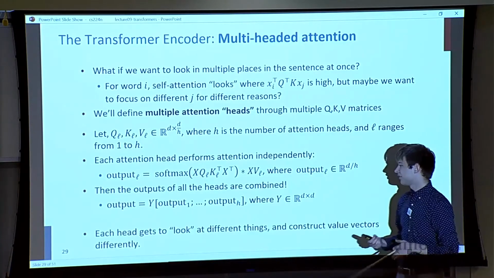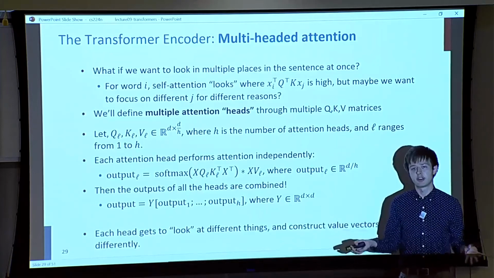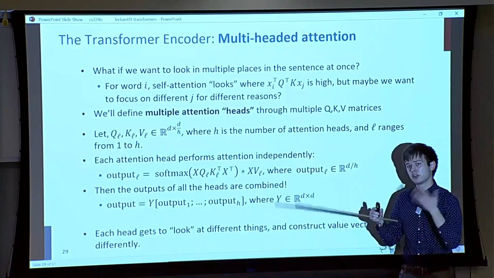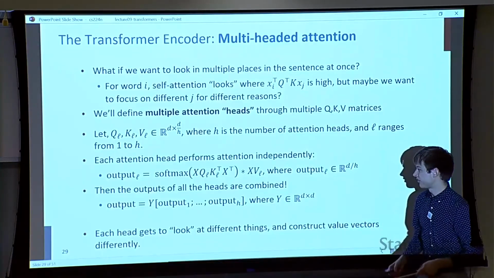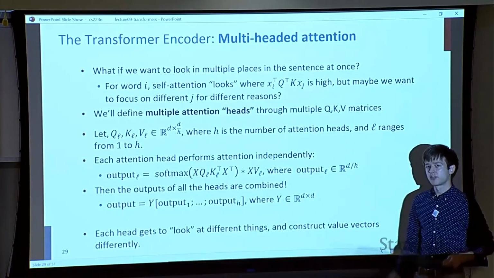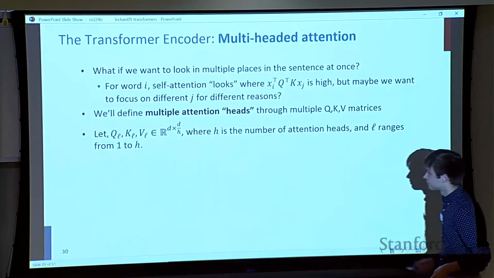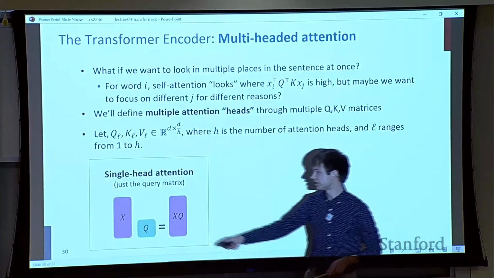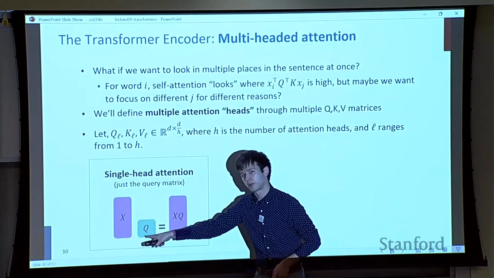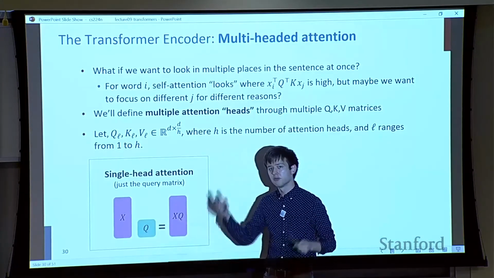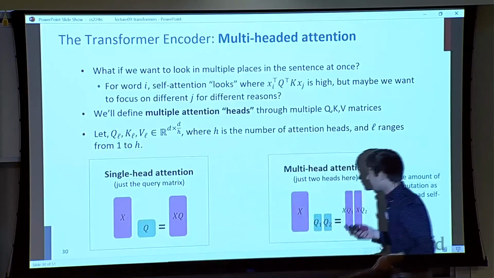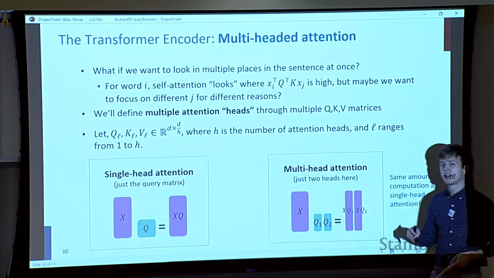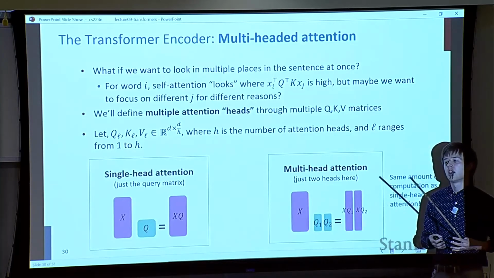Each head gets to look at different things, right? Because the linear transformations can focus on different parts of the X vectors. And the value vectors also get to be different as well. So pictorially, this is what we had before. With single-headed attention, you had X multiplied by Q in order to get XQ. And what's interesting, and you can see this from this diagram, is that multi-headed attention doesn't necessarily have to be more work.